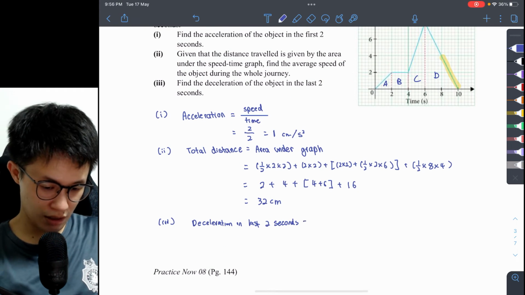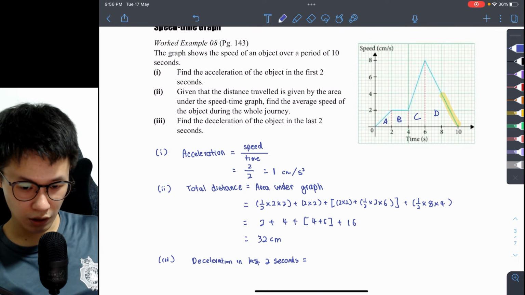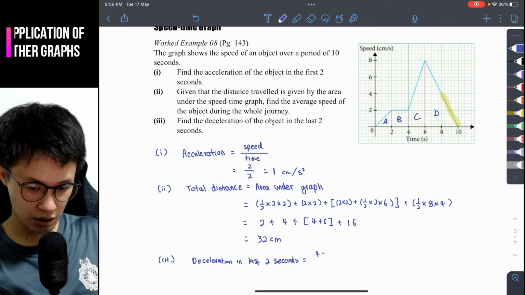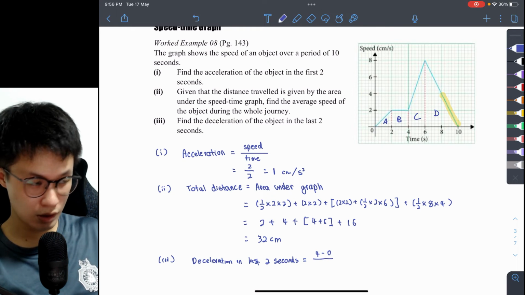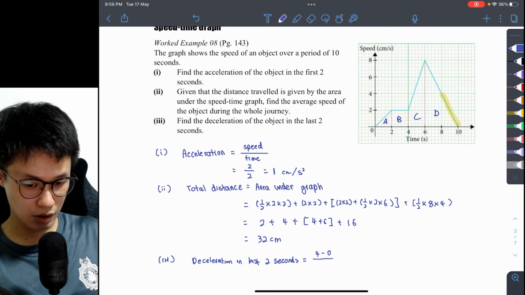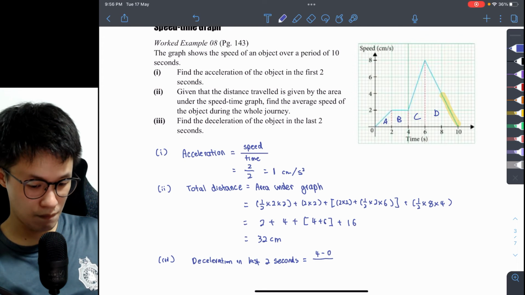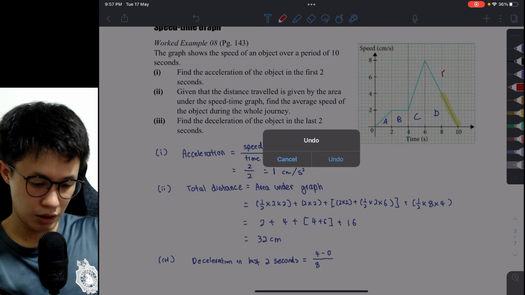Since it's just the gradient, I'm going to use 2 points here. I'm going to use this point, which is 8, 4, so 4 minus 0 over 8 minus 10.